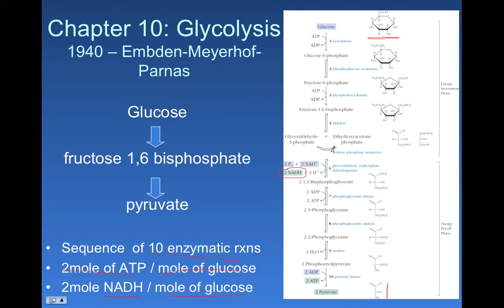Reactions 1 through 5 we can think of as the energy investment phase because we're consuming ATP. And then the second half of this metabolic pathway, reactions 6 through 10, is the energy payoff phase because we're generating ATPs and we're generating this useful reduced cofactor.